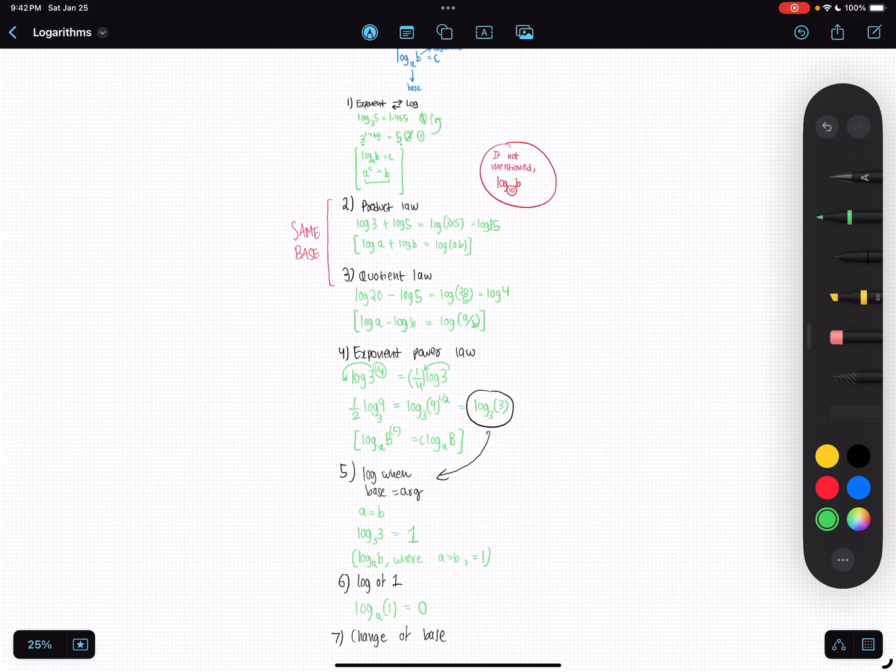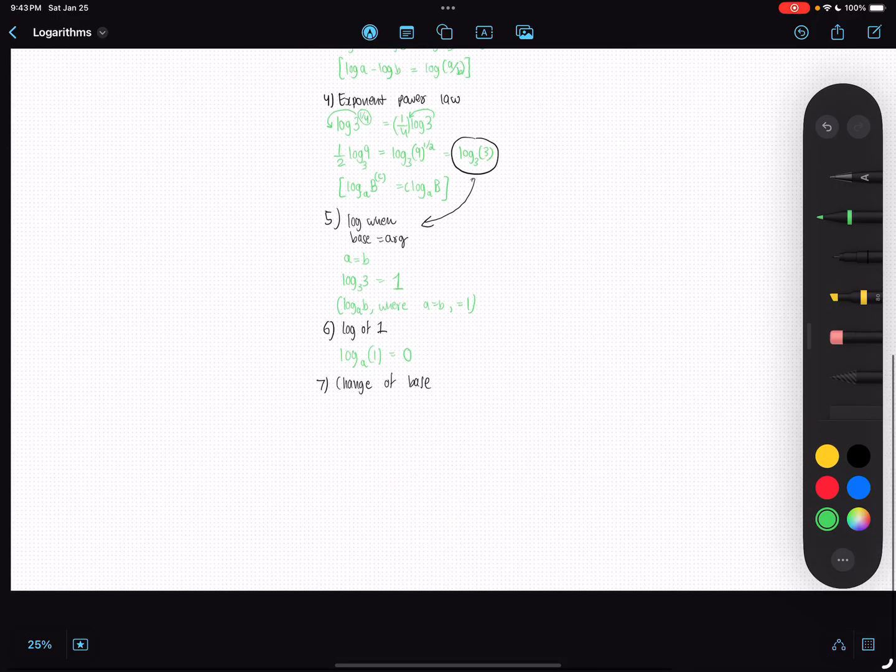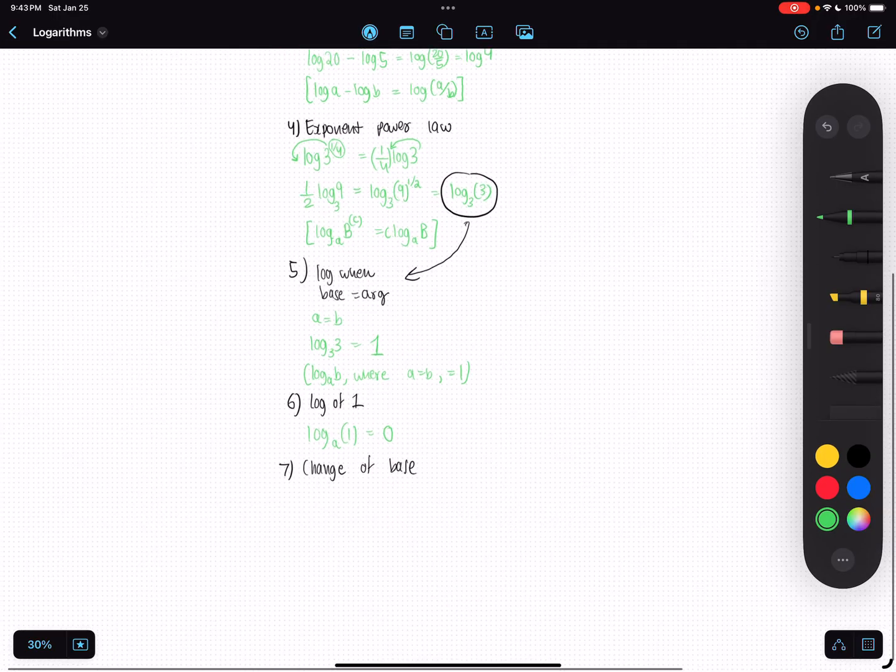What if you need to apply those laws but it doesn't have the same base? You can convert a log into any base you want, literally any base you want. So you can apply these rules. That's one of the coolest parts of log. You can literally force it to simplify. And this is how you do that, just by remembering this small rule.